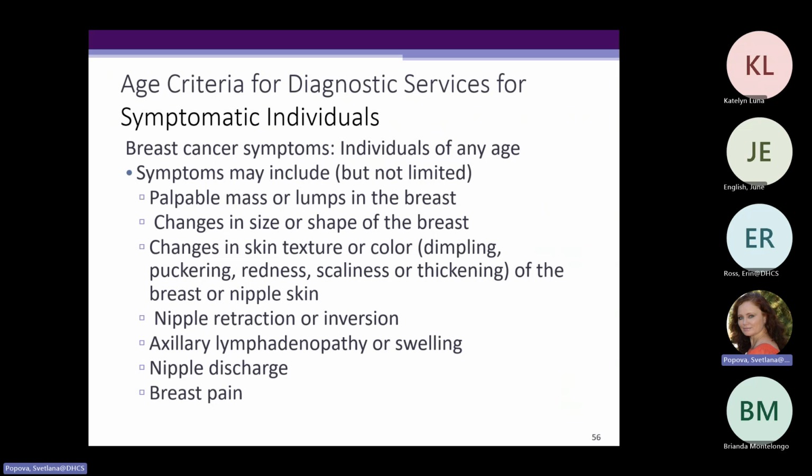Of course, all of these symptoms are concerning for breast cancer, but having a symptom doesn't equal a breast cancer diagnosis. These are just symptoms that are concerning for a cancer.